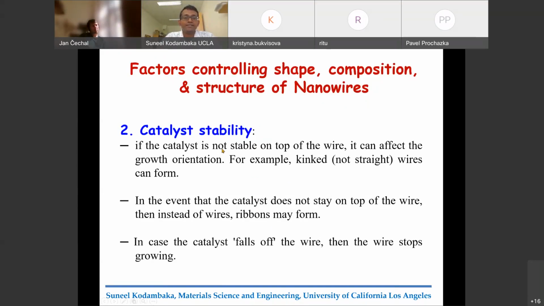And catalyst stability: we have done experiments where, when we change the temperature during the growth of nanowires, the droplet on top of the nanowires becomes unstable. At mild changes in temperature, it tends to oscillate. But if you change the temperature drastically, the droplet can fall off the top of the wire, at which point you lose the growth of the nanowire.